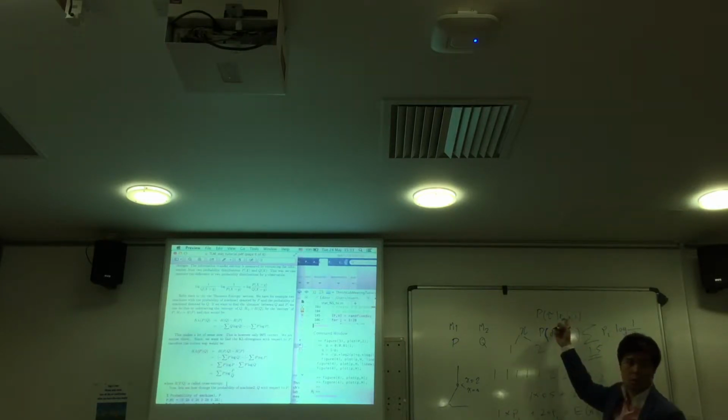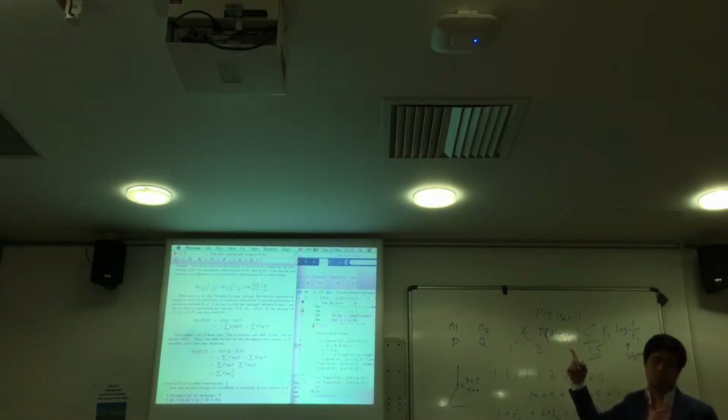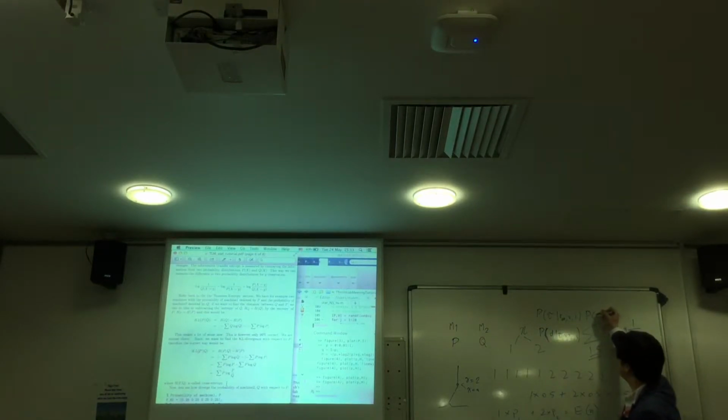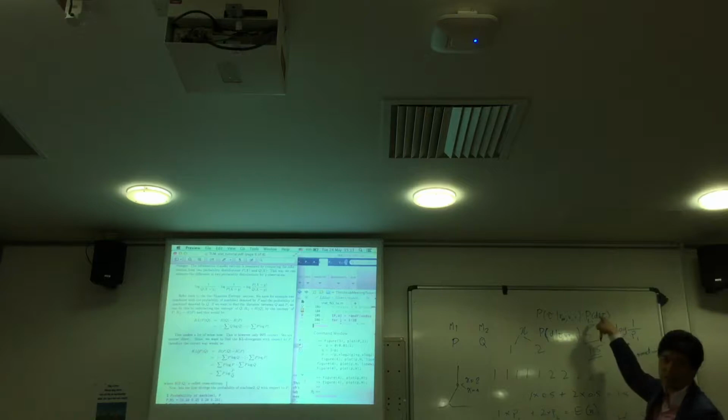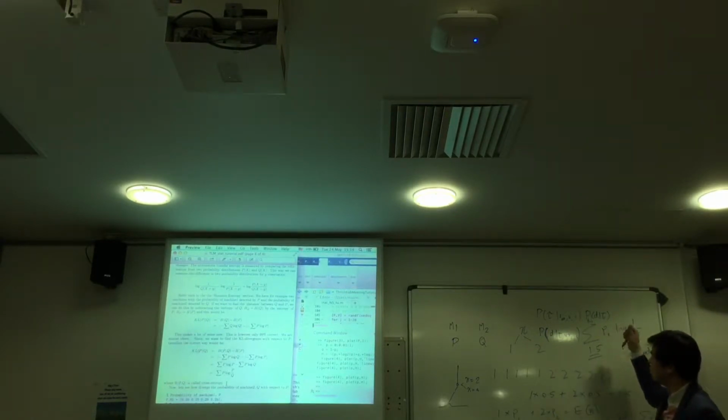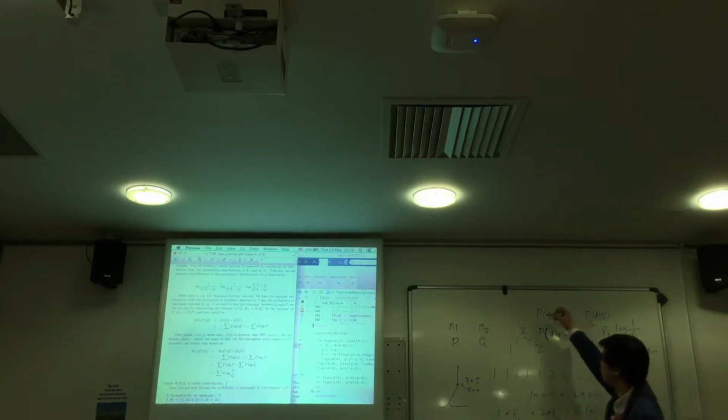My prior is the probability of the depth given torque. So that is the prior. And then the likelihood is the torque reading given the depth. This is the likelihood.